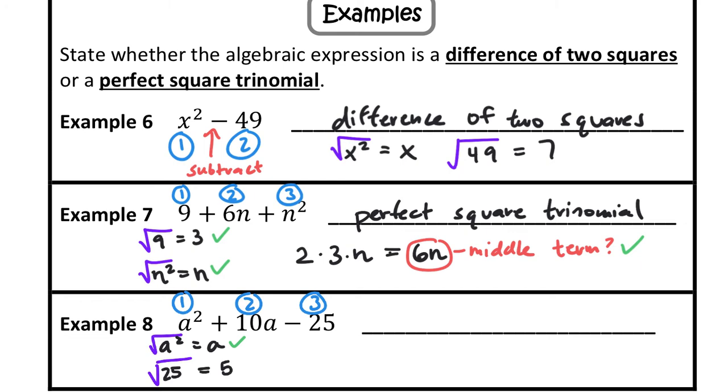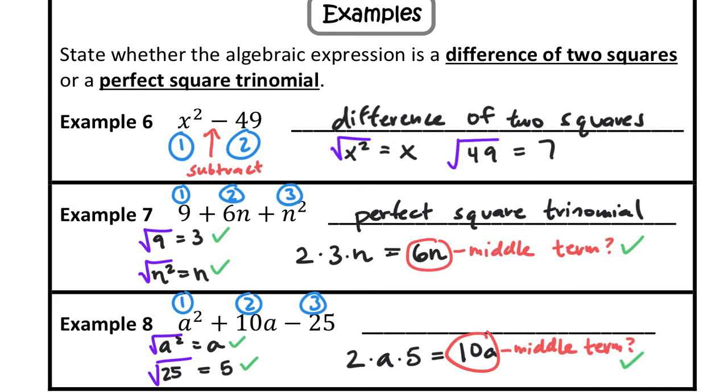Yeah, I can. And in the middle term, if I multiply 2 times a times 5, the two answers that I got when I square rooted are a and 5. If I multiply 2 times a times 5, does that give me the middle term? Yeah, it does.